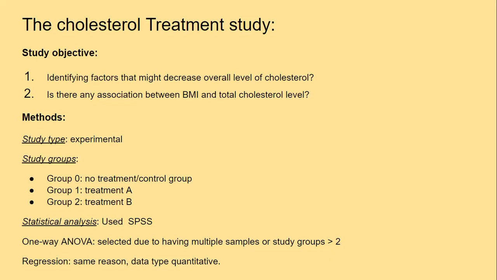Statistically, in order to analyze our study results, we used SPSS and ran a one-way ANOVA test. The reason we selected one-way ANOVA is that we have one dependent variable, which is a quantitative variable, and we have three groups.